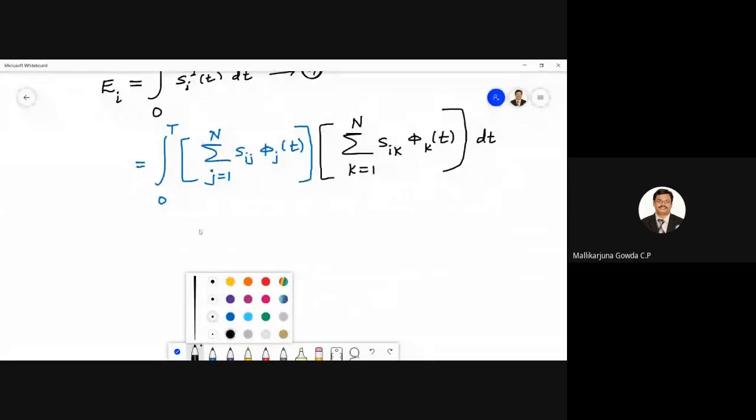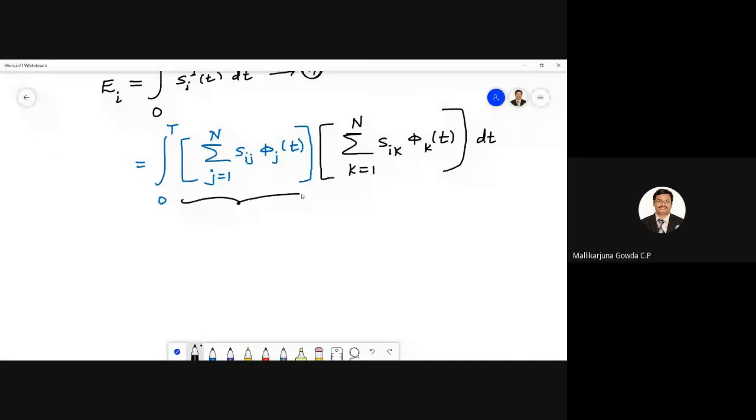Energy of the signal is the integral from 0 to T of s_i squared of t into dt. I have taken two signal vectors, s_i(t) and s_k(t), and put i equal to k. I am substituting separately for s_i(t) and for s_k(t). Is this clear? Now let me interchange the order of summation and integration.